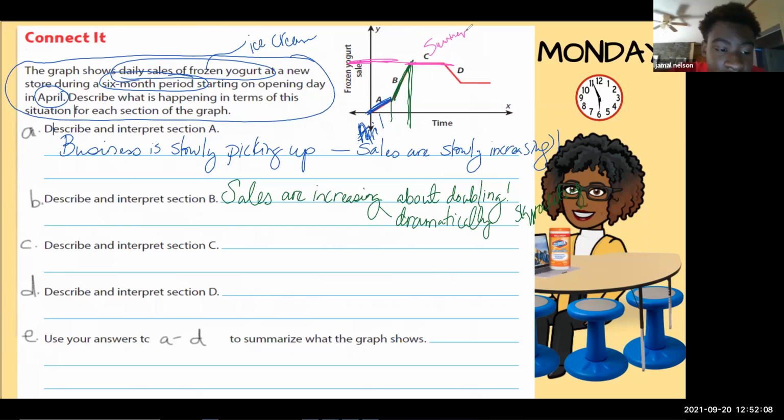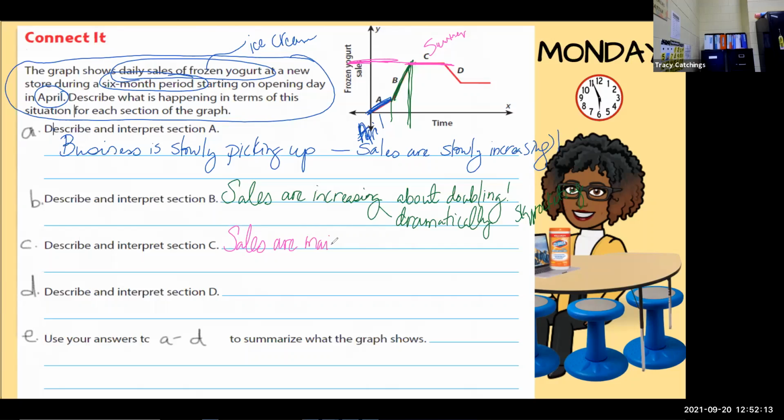So make sure you tell us something about sales or maintaining. You can add due to it being the summer. So as long as you tell us something about the sales or maintaining, I wouldn't say it isn't any sales, because that's what this y-axis is.